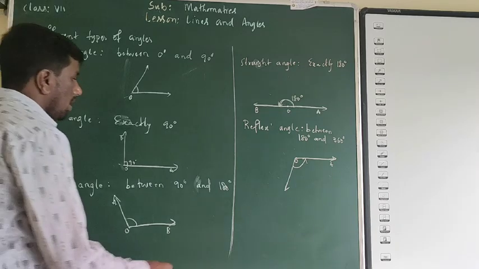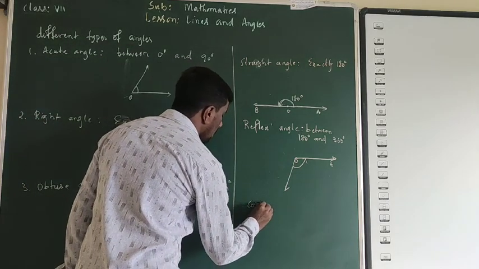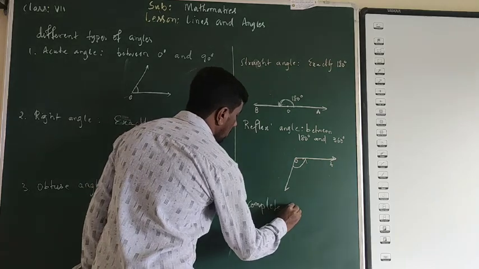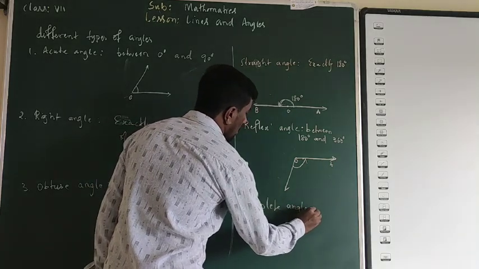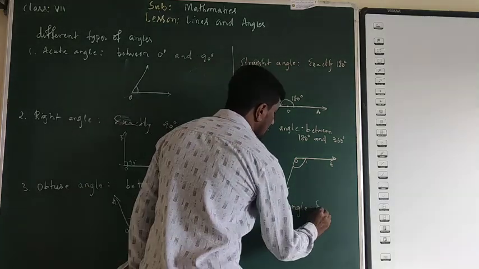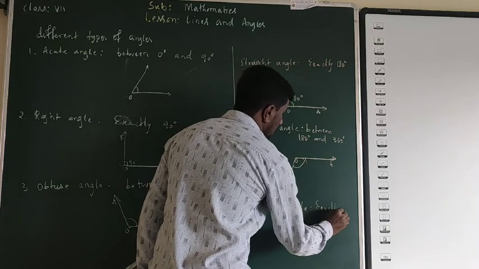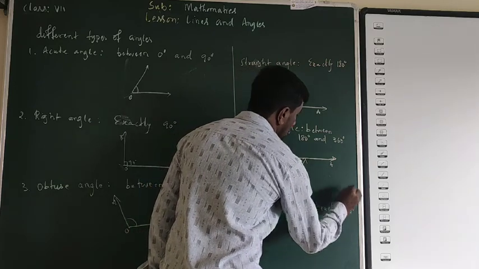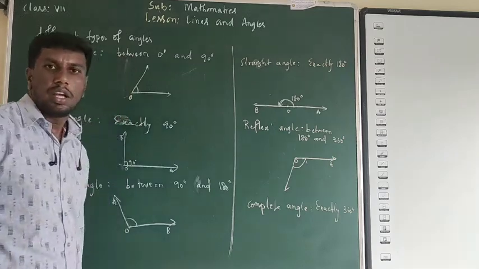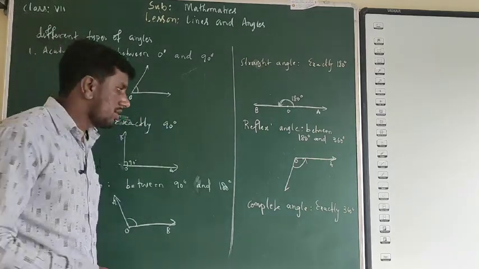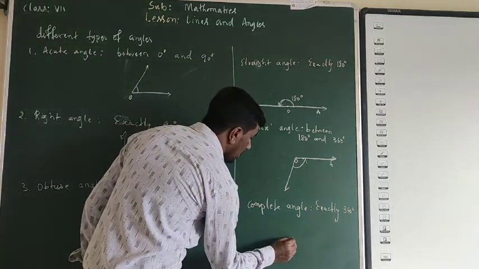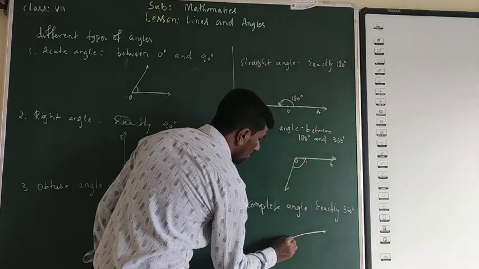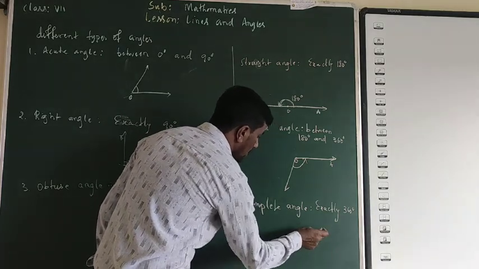So the last one is the complete angle, that is exactly 360 degrees. This is the original line, O, and here it is going on rotation.